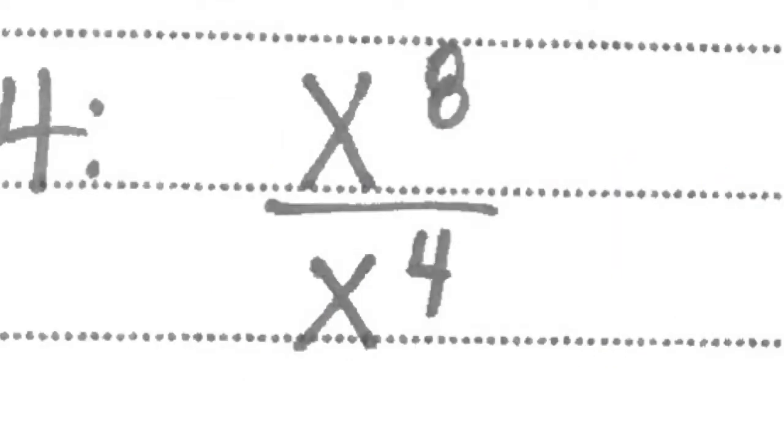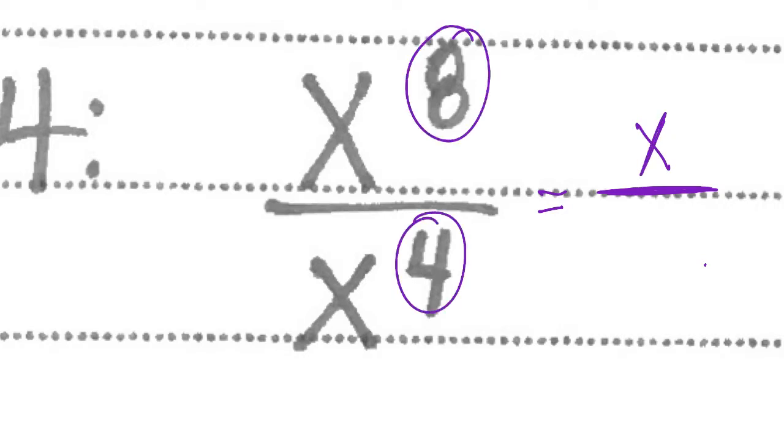Now, there is a rule. Whenever I have the same variable, and notice I have 8 in the numerator and 4 in the denominator, we are going to subtract them. I just tell my students, hey, we're going to go where the larger number is, so I know that's on top. So I'm going to solve this for x, and I'm going to take 8 minus 4 and put it where the larger number is, which is x to the 4th.